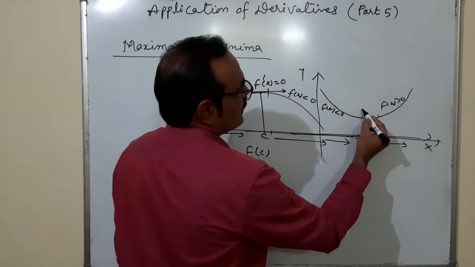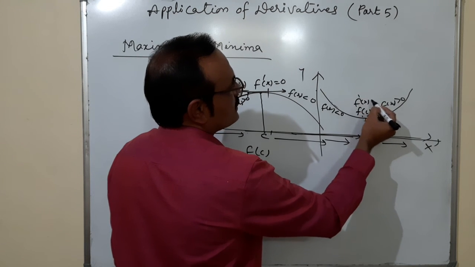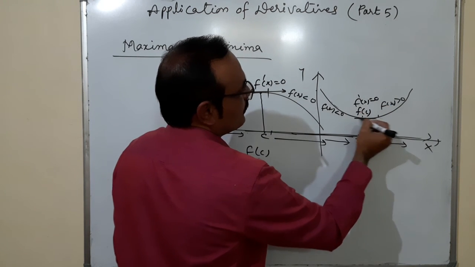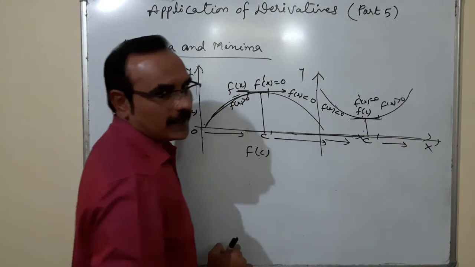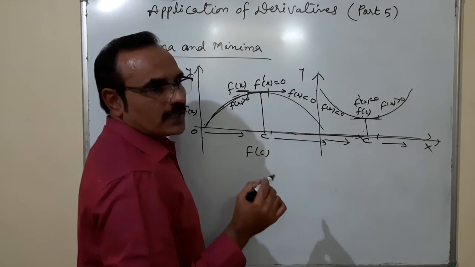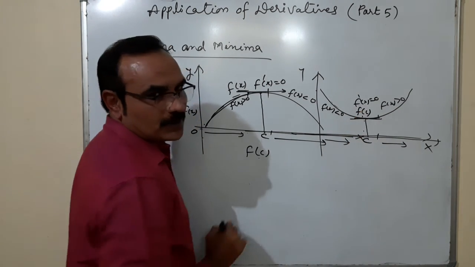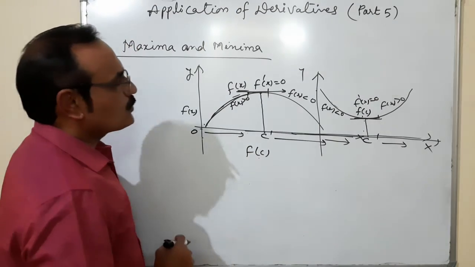Again it is f of c, and here also the same condition holds: f dash x is equal to 0, because the tangent is parallel to the x-axis. The object is momentarily at rest, its motion is 0, its differentiation is 0, so f dash x is equal to 0. So there are two different cases.